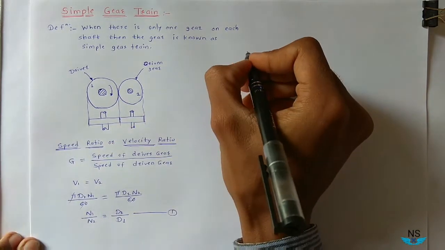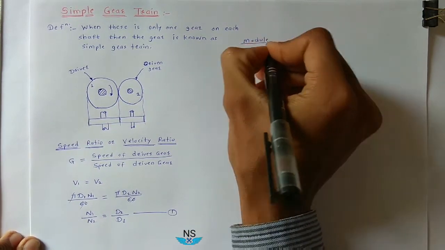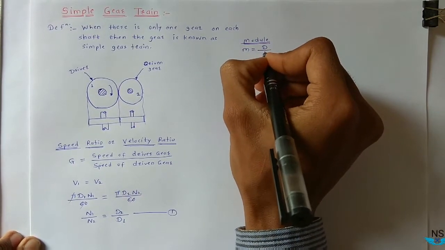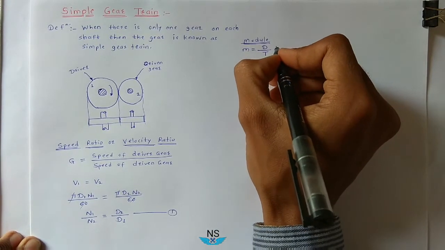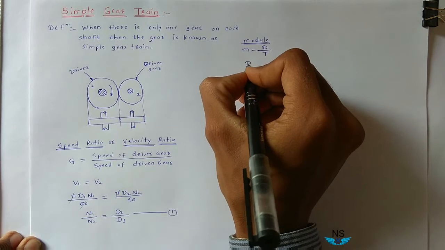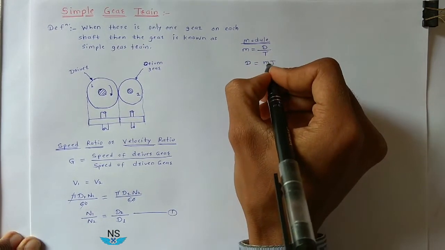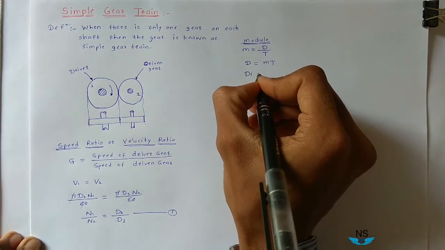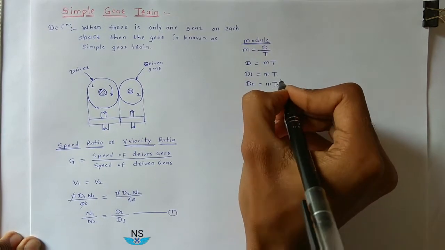Now we know module of gear m is equal to pitch circle diameter divided by teeth of gear. So diameter is equal to m into t, module into teeth of gear. So d1 is equal to m t1 and d2 is equal to m t2.